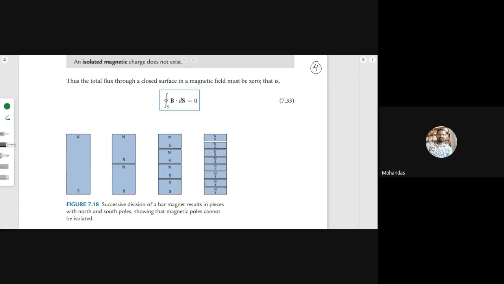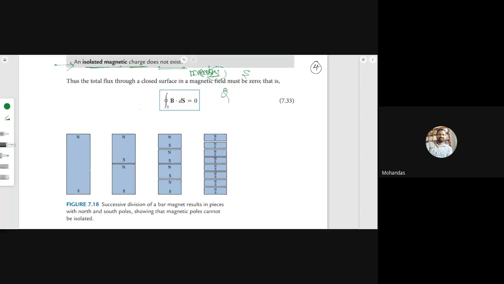This is the statement: north and south pole are also known as magnetic charge. Electric charge is Q, magnetic charge is N or S. An isolated magnetic charge does not exist, that means you cannot separate north pole and south pole.